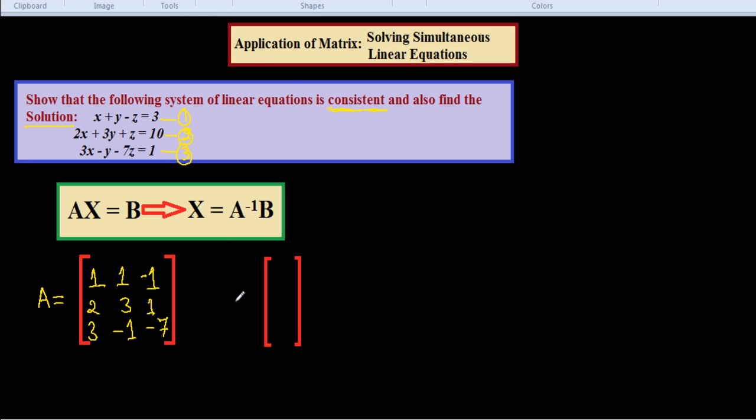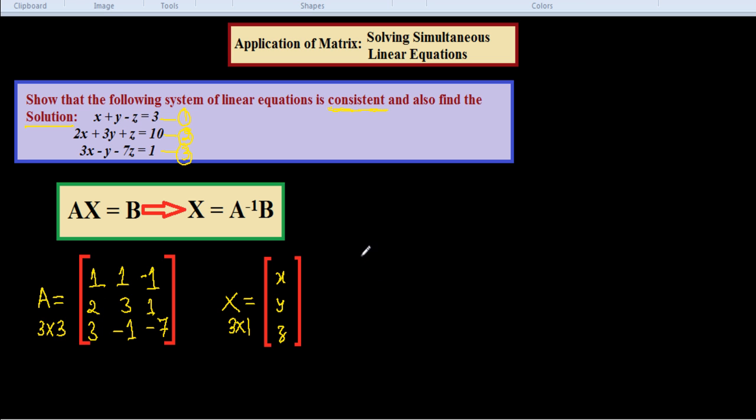Matrix X is a matrix of order 3 by 1 of all the variables. We have to put the variables in column form: x, y, and z. And matrix A is a 3 by 3 matrix because of the coefficients of all the variables here.